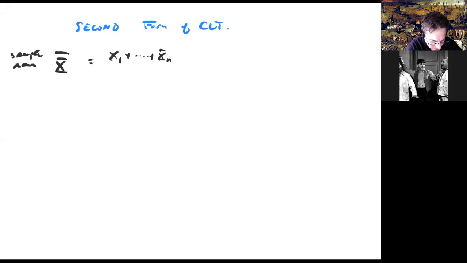So I've sampled n times. I've done my experiment n times. I sum up and divide by n. So the probability distribution of this, this is a random variable, is called the sampling distribution for sample size n.